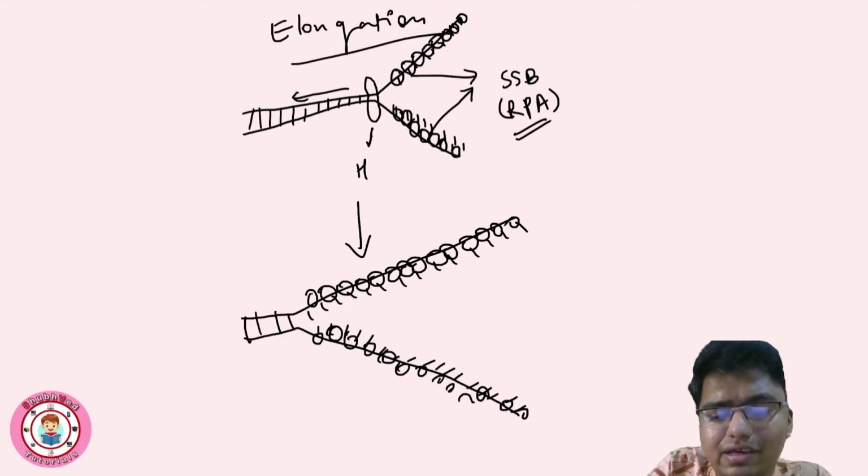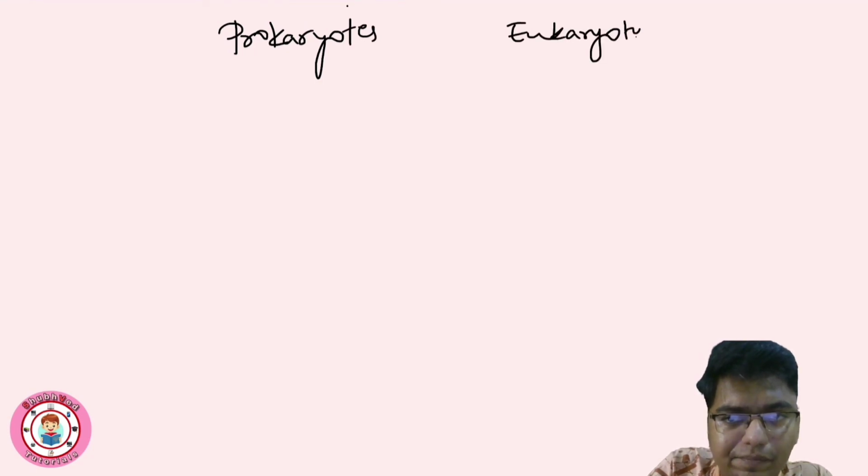Now let's take a comparison of eukaryotes and prokaryotes so that we can remember the things. First is the DNA sequence, the origin of replication, that is recognized by the initiator. The prokaryotic initiator is DnaA with ATP, right?